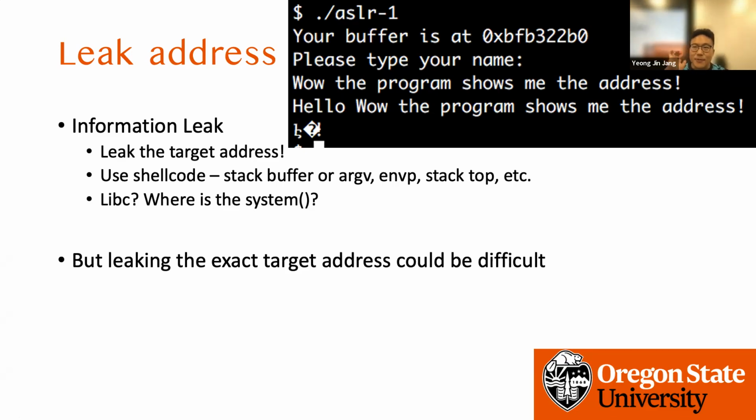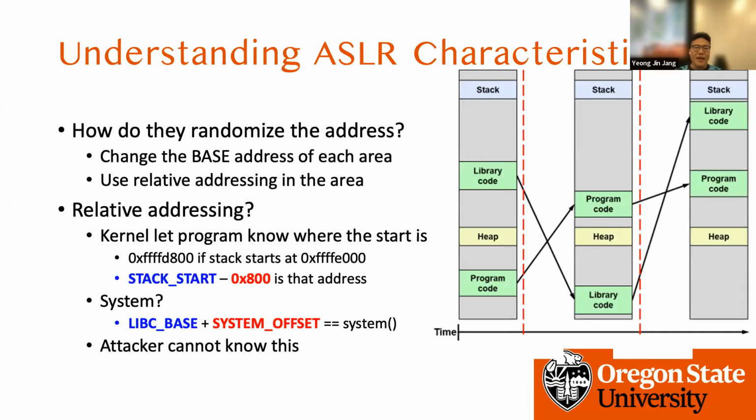The challenge explicitly lets you know where your buffer is. But in some cases, you can leak an address, but that address would not be the address of system or execve. You don't have to worry, because the characteristic of the user space ASRL applied right now is that it just shuffles the region of the memory.